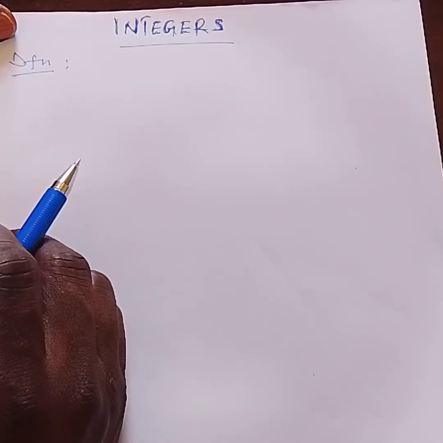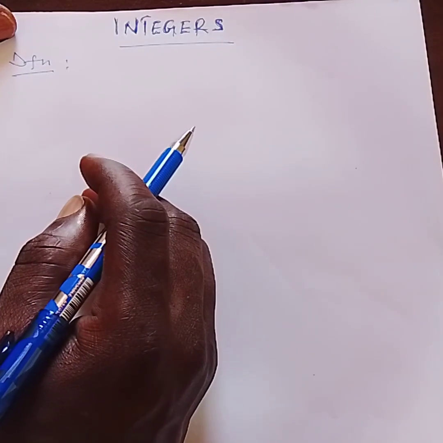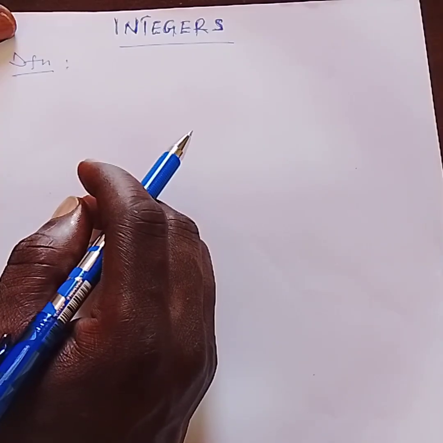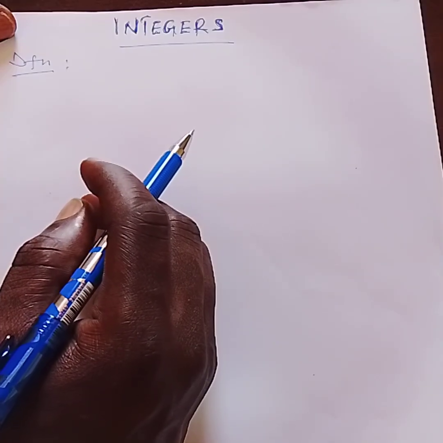Integers are a set of whole numbers together with negative whole numbers.